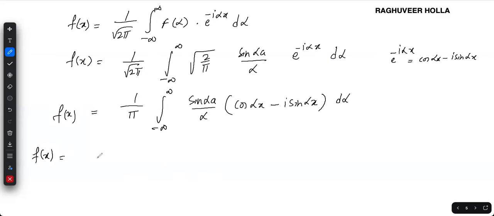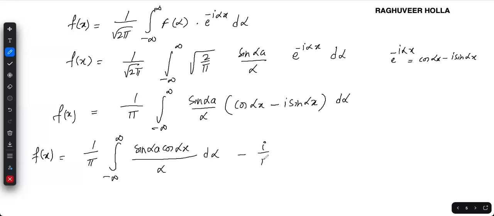Now we can split these two. So f of x is 1 by pi integral from minus infinity to infinity of sin alpha a cos alpha x divided by alpha d alpha, minus I by pi integral from minus infinity to infinity of sin alpha a and sin alpha x divided by alpha d alpha.